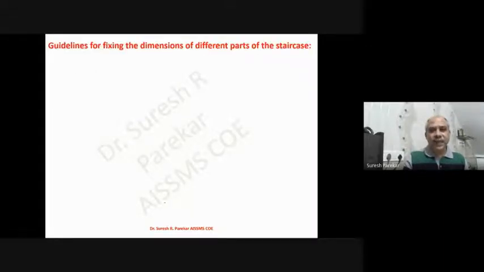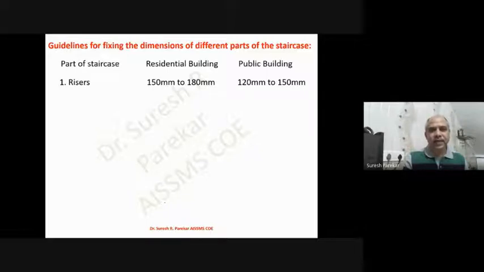Guidelines for fixing the dimensions of different parts of the staircase. So we have parts of staircase for residential building and public building. Riser for residential building is 150 to 180 millimeter. For public building it is 120 millimeter to 150 millimeter.